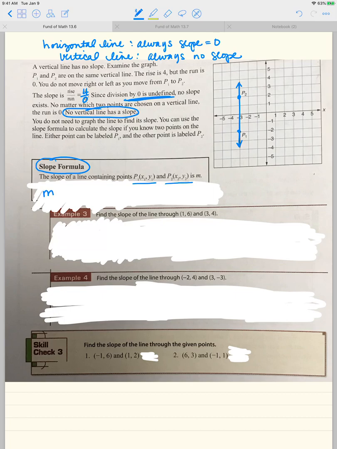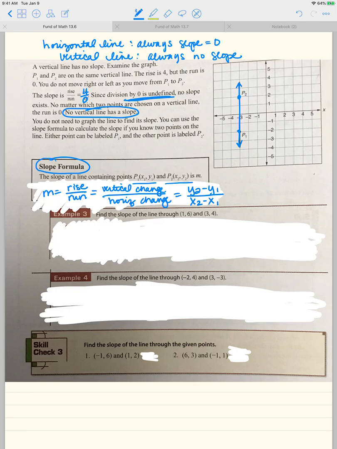M is equal to rise over run, that's slope, okay, which is equal to the vertical change, or the change in y, over the horizontal change, the change in x, which is equal to y2 minus y1 over x2 minus x1.